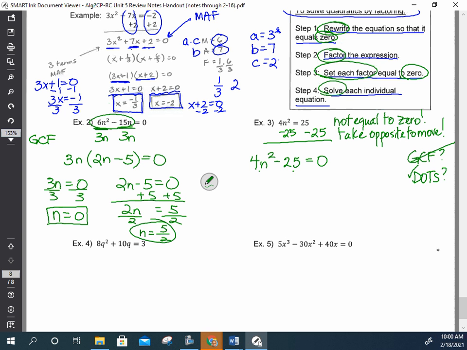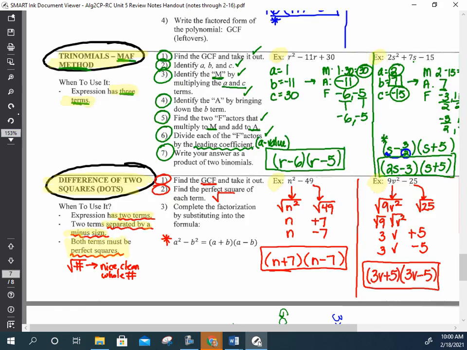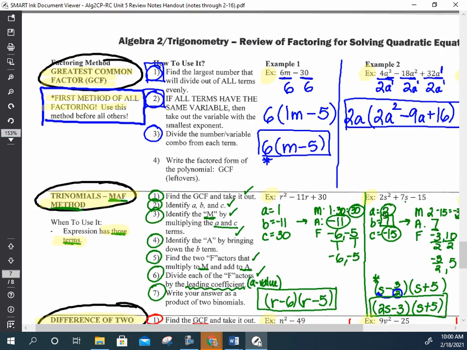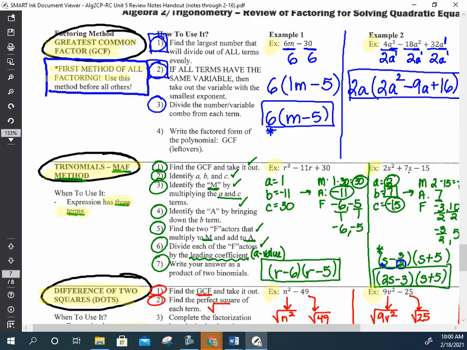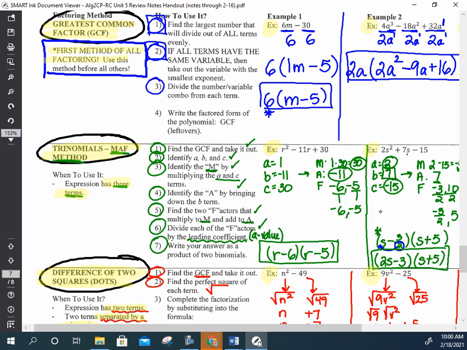So again, if you struggle with trying to figure out what method goes with which, you've got a whole page that goes through the three methods and what you need for each method.